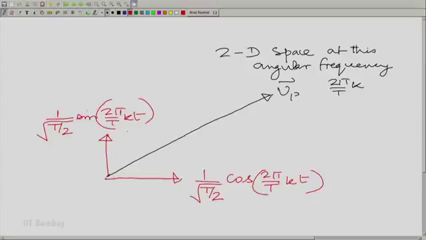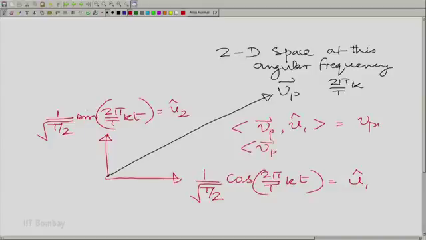What shall I do to find the components of Vp? I will take the dot product or the inner product. Let us call this vector u1 cap and this vector u2 cap. So, I will take the inner product Vp times u1 cap and let that be equal to Vp1, and similarly let the inner product of Vp with u2 cap be equal to Vp2.